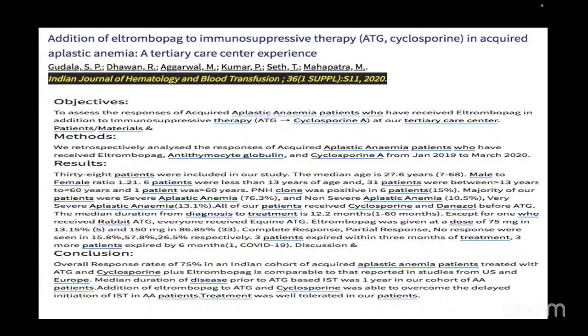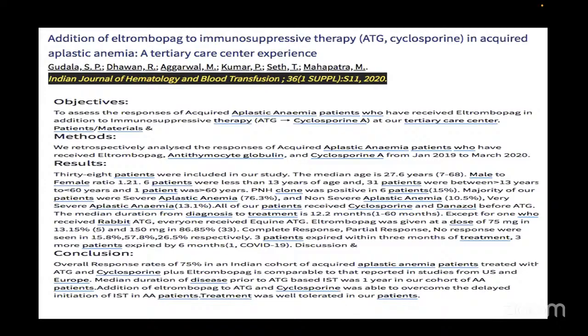Here, they have reported a 75% overall response rate in patients of acquired aplastic anemia treated with the trio, which is comparable to the results from the Western world, that is the US and even European countries. Median duration of disease prior to ATG-based IST was 1 year. Additionally, eltrombopag was able to overcome the delayed initiation of IST in AA patients.